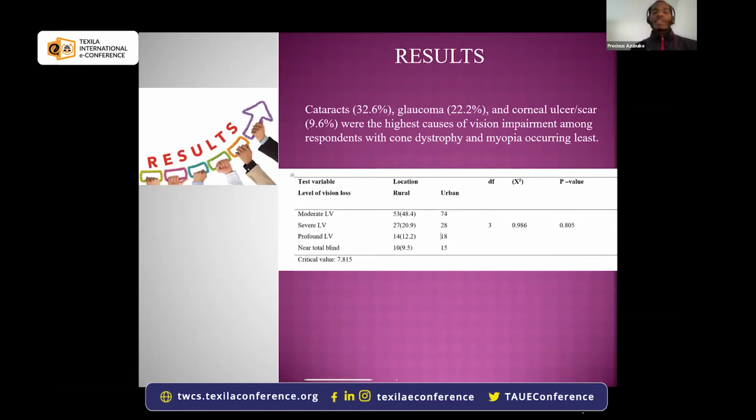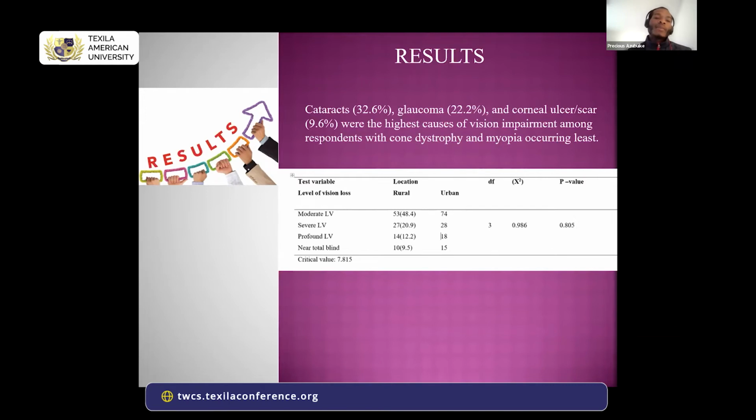We wanted to check the relationship between location and visual impairment. We, however, did not find a statistically significant difference. So living in a rural or urban area was not related in any way to having visual impairment from our study.